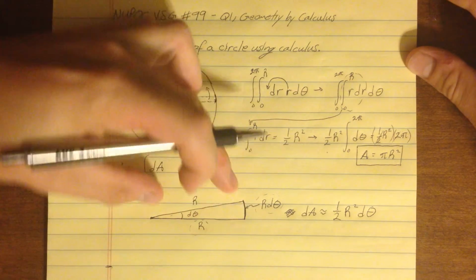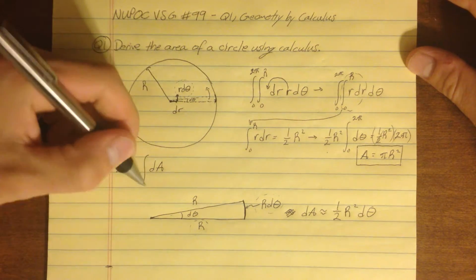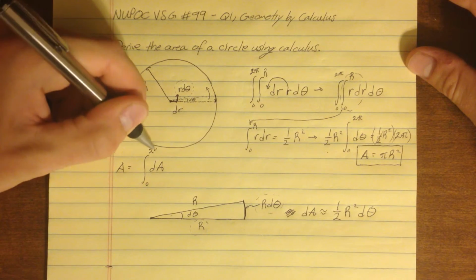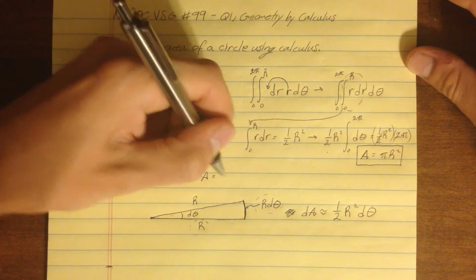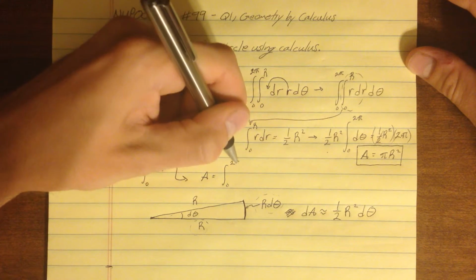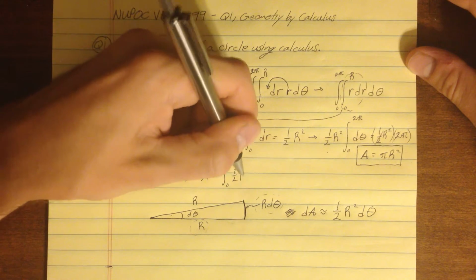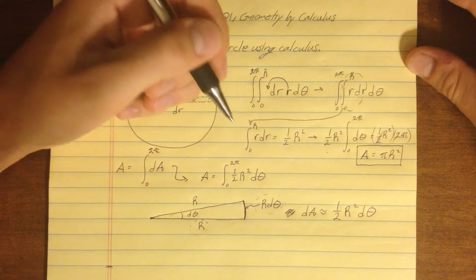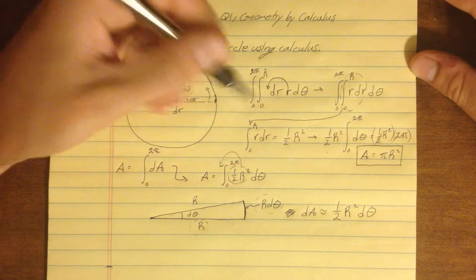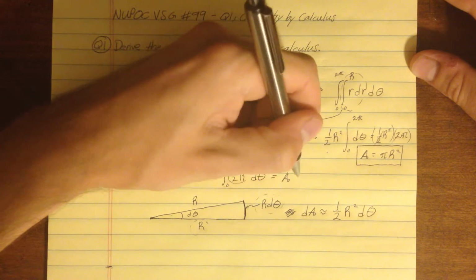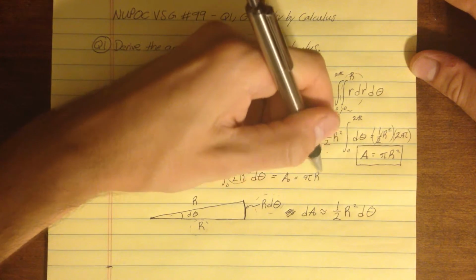Now we can just integrate this differential area from 0 to 2 pi. So we get area equals the integral from 0 to 2 pi of 1/2 r squared d theta. Well, that's the same thing we had right here. We can pull this out front, and so we'll get, again, area equals pi r squared.